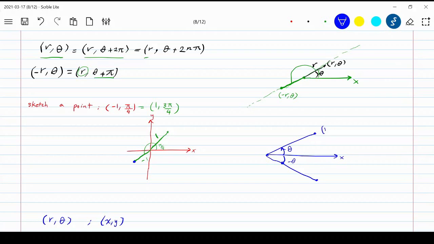So if this is r and theta, this would be the same radius, and instead of angle theta, you would have angle negative theta.